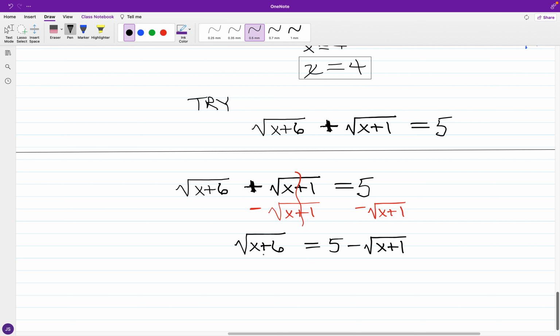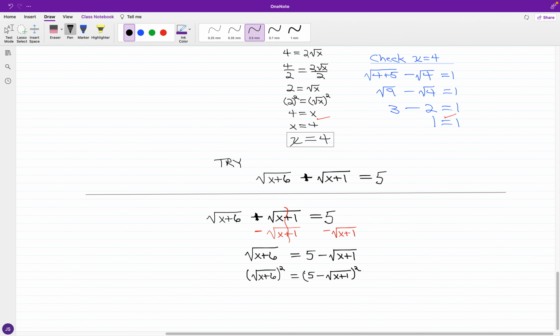And looking at the square root of x plus 6 isolated, I can free up x plus 6 upon squaring both sides. Okay, so for the square root of x plus 6 squared, this will go to x plus 6.